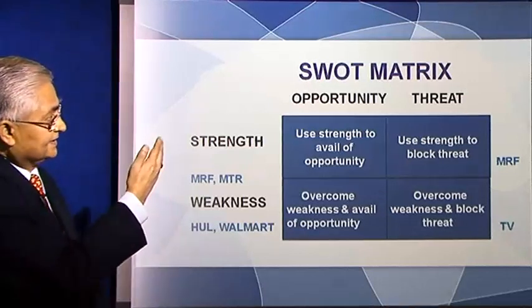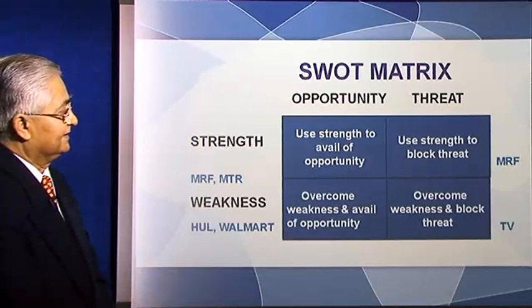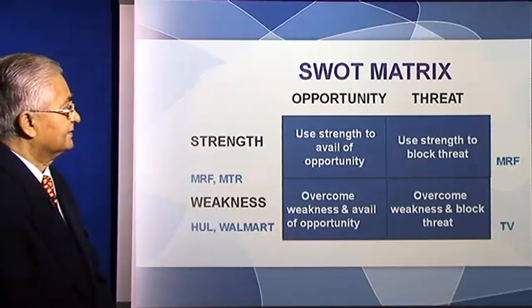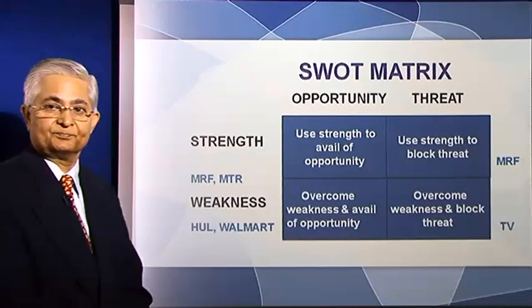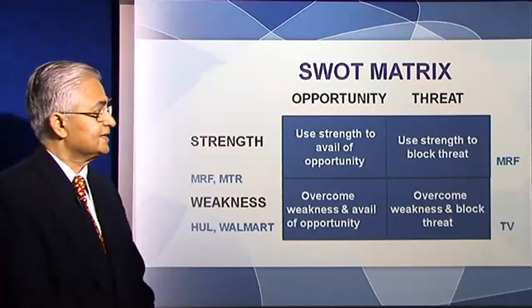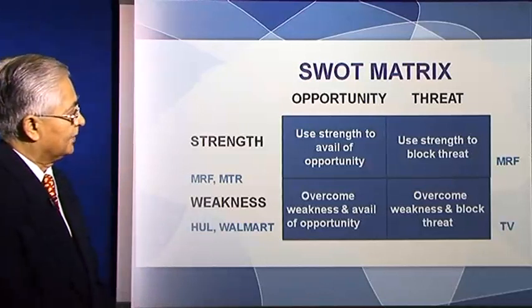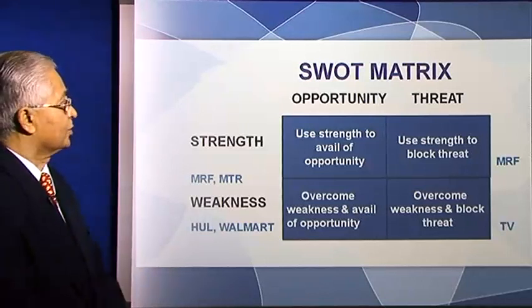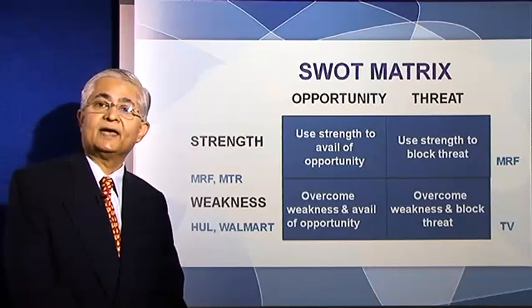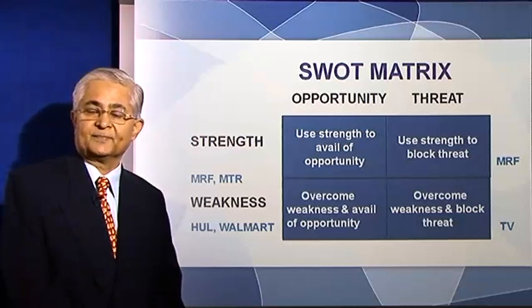Let's look at the third cell, where you use strength to block a threat, where a company uses its strength to block a threat. Well, let's go back to the MRF story.